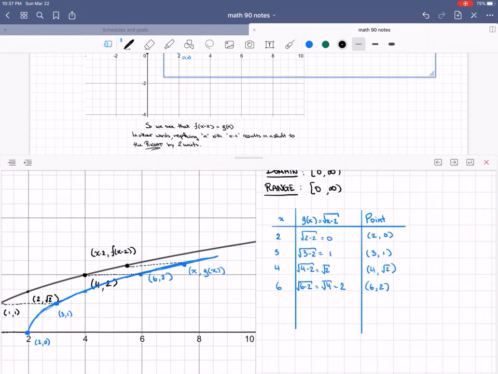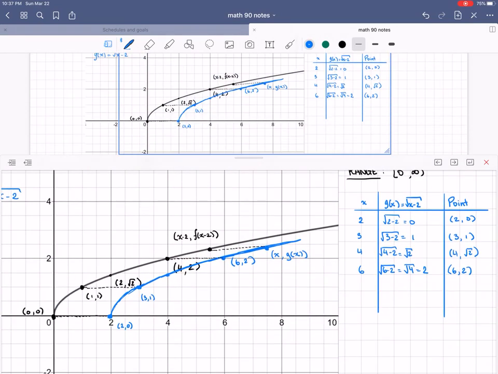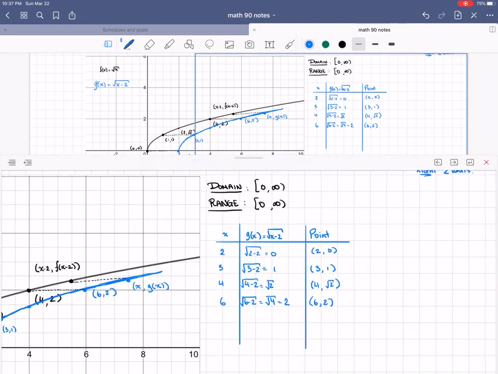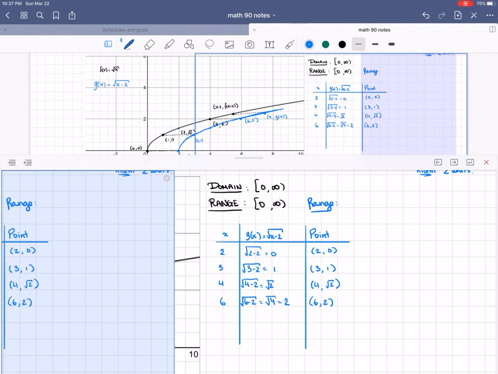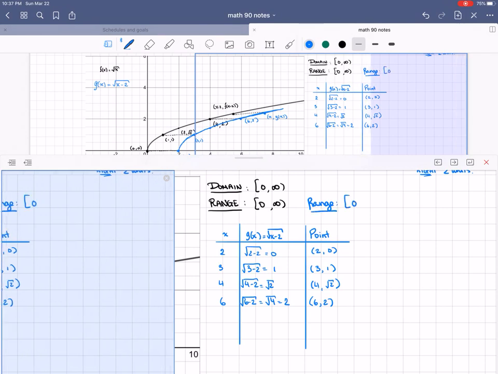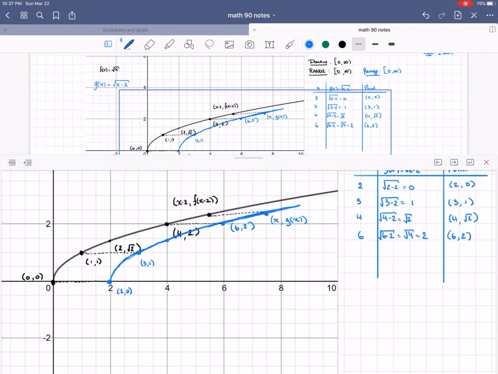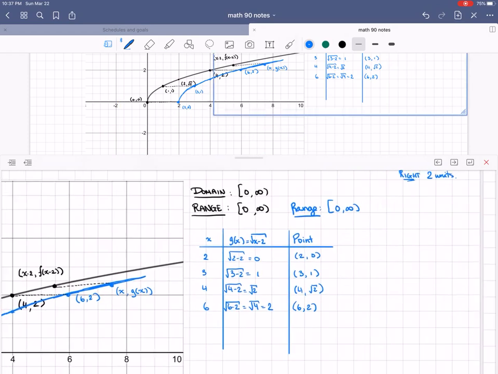Let's take a second to just acknowledge this in the domain and range conversation. So this transformation only affected x coordinates. You can see the y coordinates of all the points stayed the same. It's just the x coordinates that shifted over. So when we look at the range of the new function, that has not been impacted. It is still from 0 to infinity, right? We see that here. The lowest point on the graph still has y-coordinate 0.